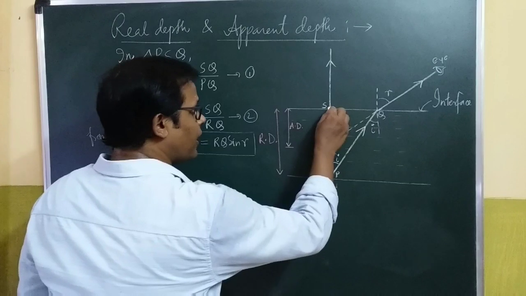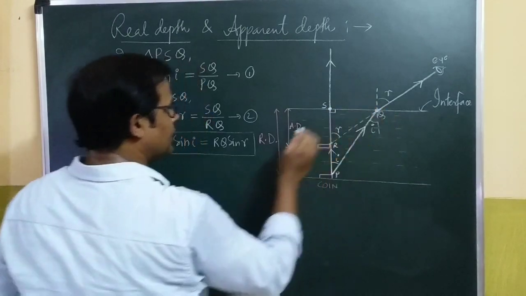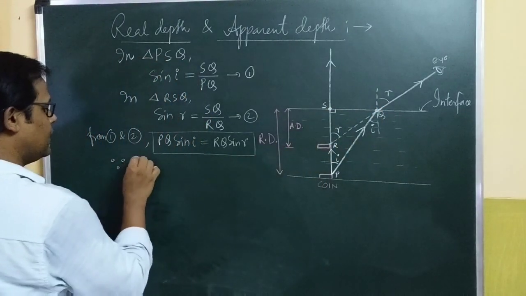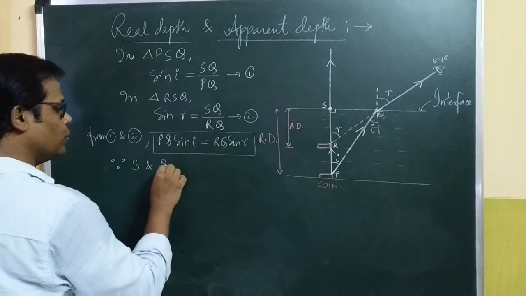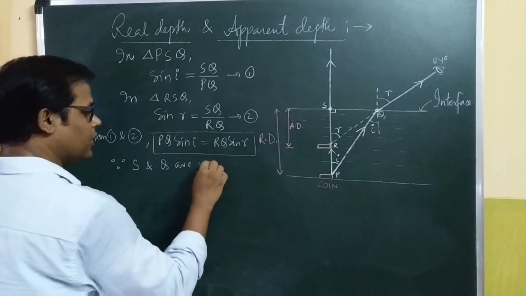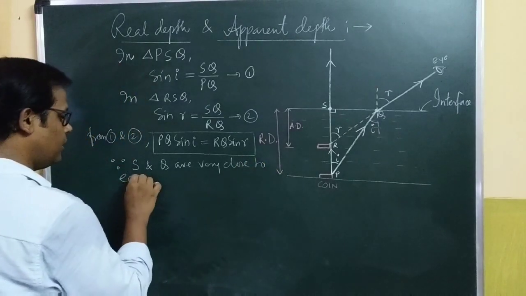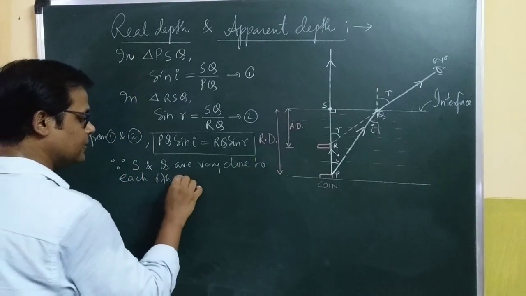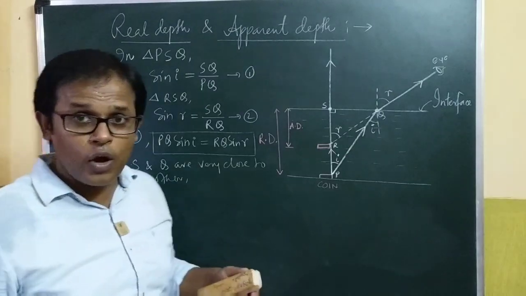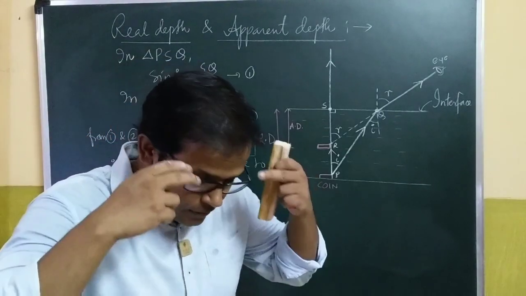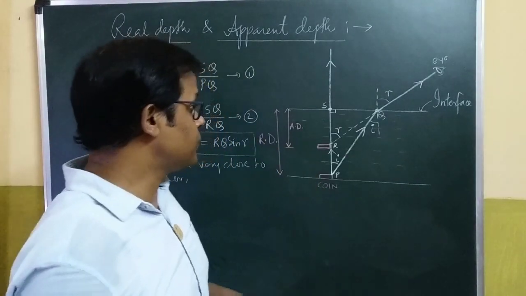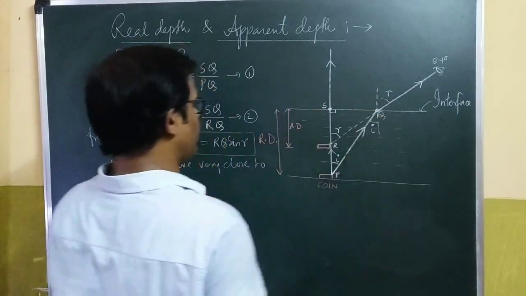Now, in reality S and Q are very close to each other, since you are almost looking into the coin, into the tank of water, vertically straight up. So in such a case, these two points are equal.